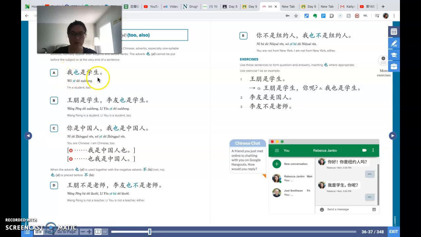我也是学生。So same thing if it's negative. You put it in front of 不是。王鹏不是老师，李友也不是老师。You put 也 in front of the whole negative verb 不是。Okay? Next example. 你不是纽约人，我也不是纽约人。我也不是纽约人。Okay, exercise.